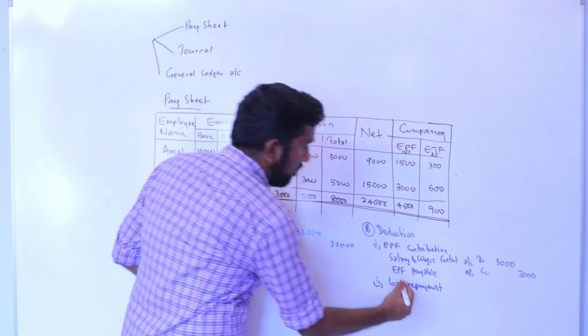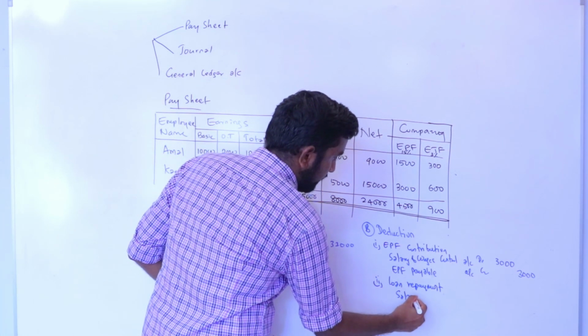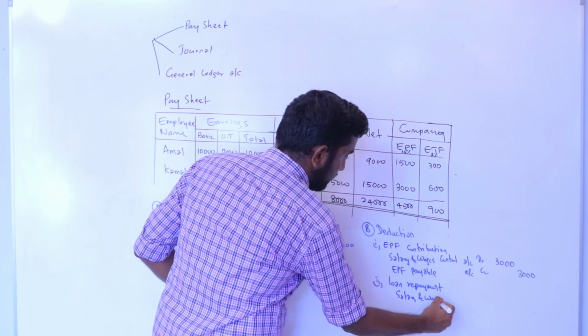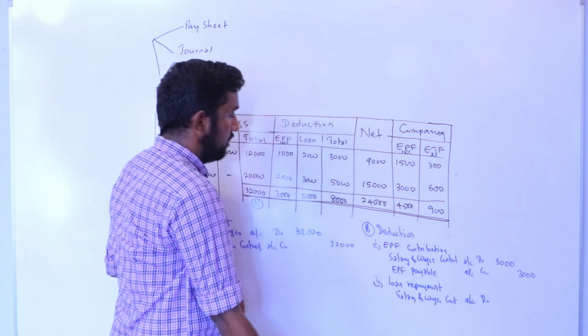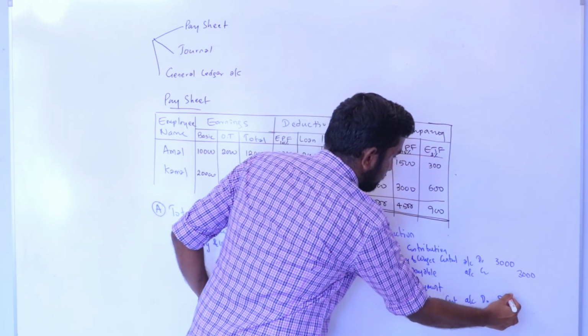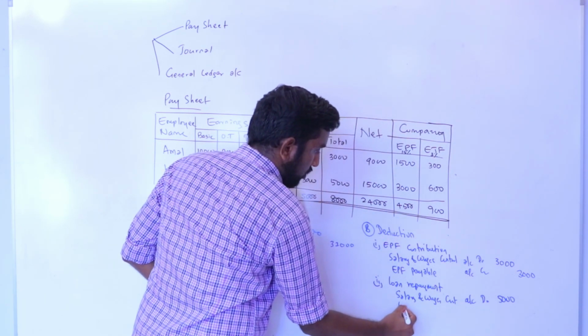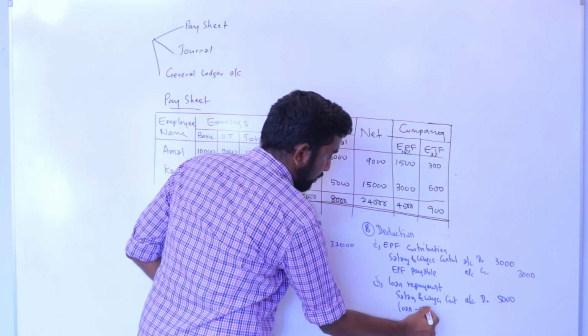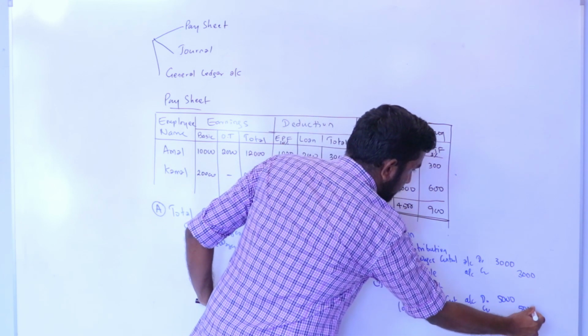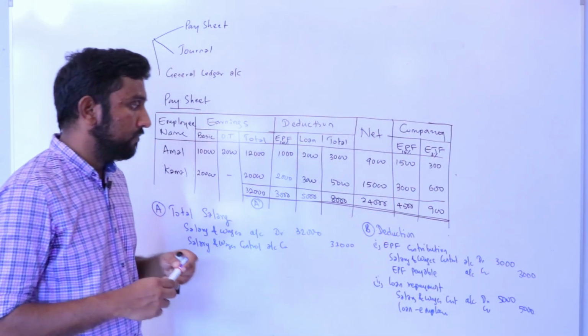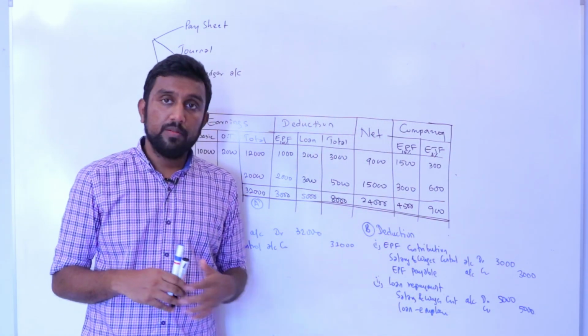So likewise for the loan repayment, salary and wages control account debit, how much? 5,000. And let's say employee loan account credit 5,000. Right? So that is the deduction part.